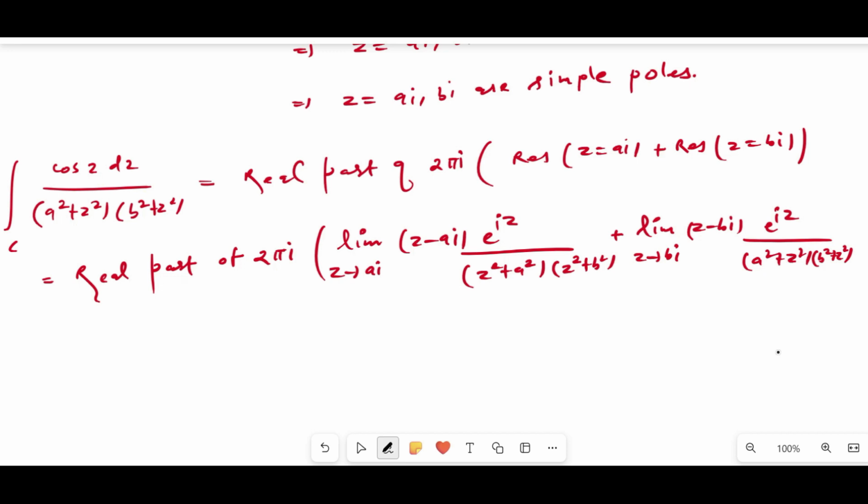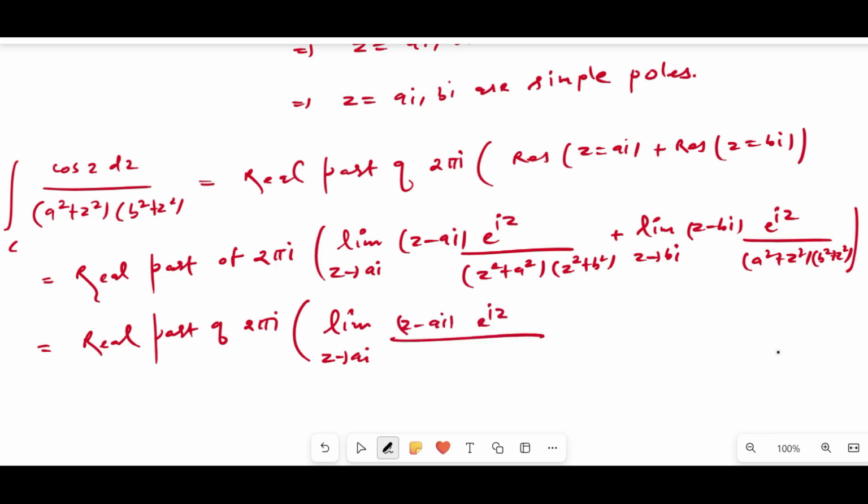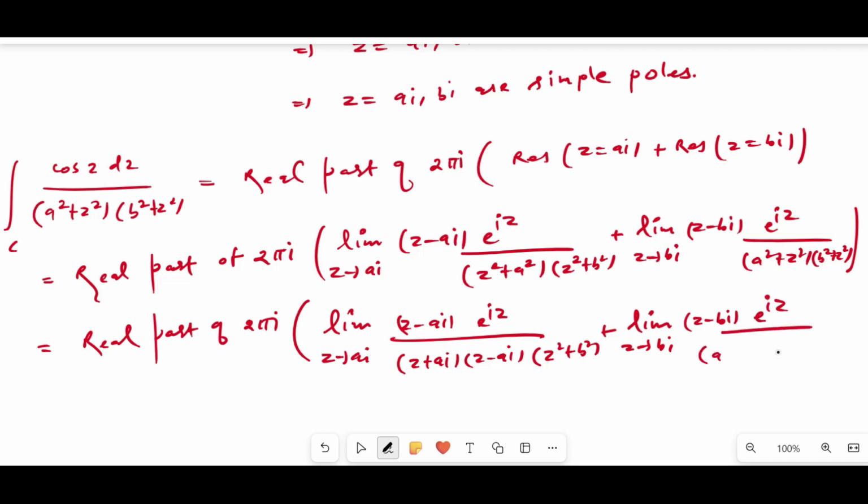So this value is equal to the real part of 2 pi i, the limit z tending to ai, it will give (z minus ai) e to the power of iz over (z plus ai)(z minus ai)(z square plus b square), plus the limit z tending to bi of (z minus bi) e to the power of iz over (a square plus z square)(z minus bi)(z plus bi).